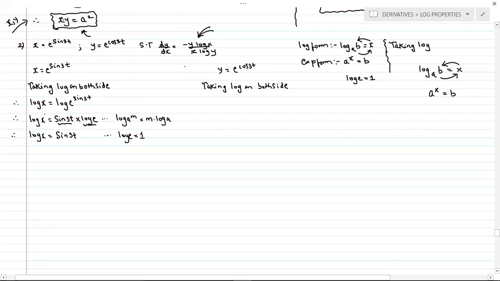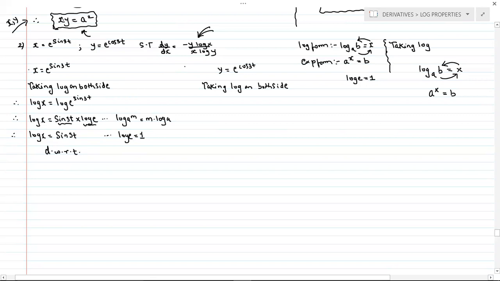Okay, so as I told, first we'll do the adjustment and then after that we'll differentiate. After this, I guess we cannot do any further adjustment with respect to the properties of log. So after this we can differentiate. Derivative with respect to what?